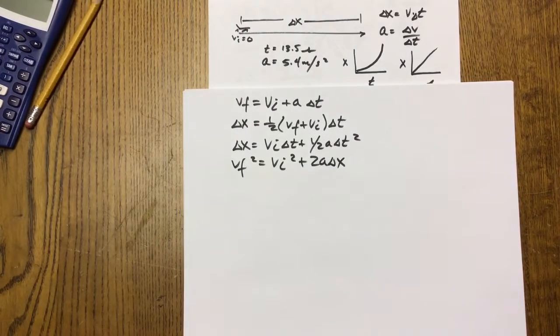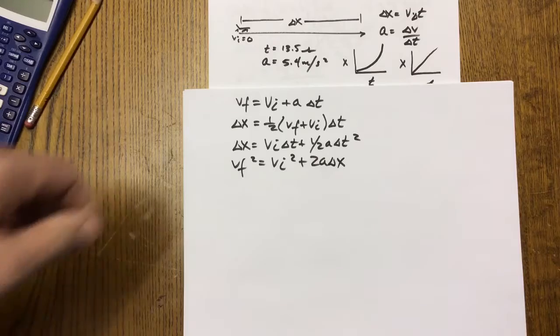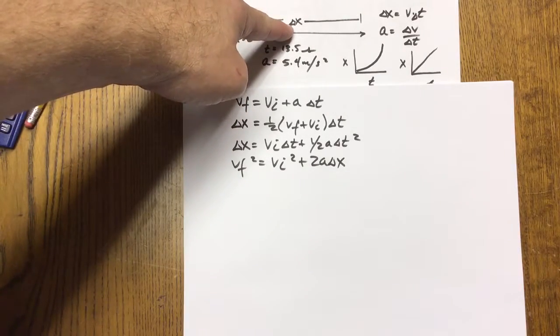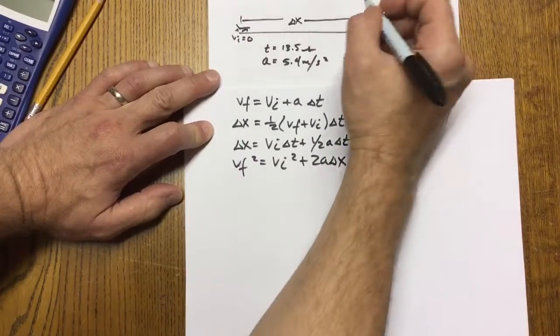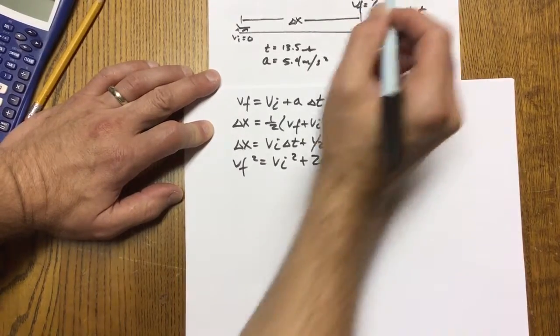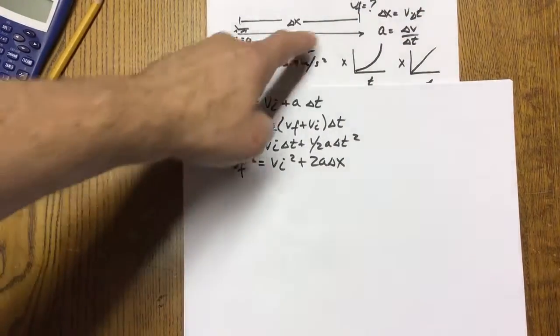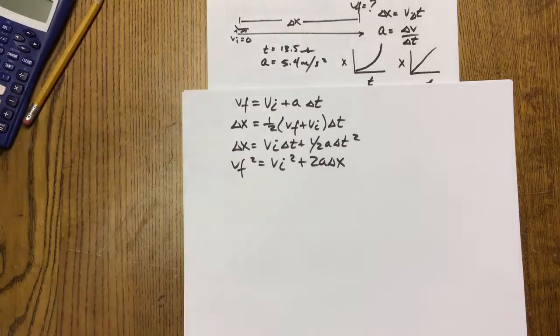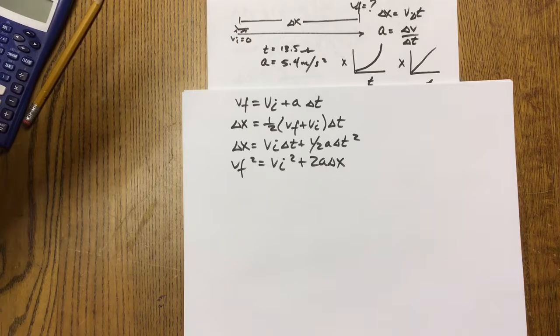Now let's take a look at our knowns and unknowns. The displacement is an unknown, and the final velocity is an unknown. So we would need two equations to solve that problem.